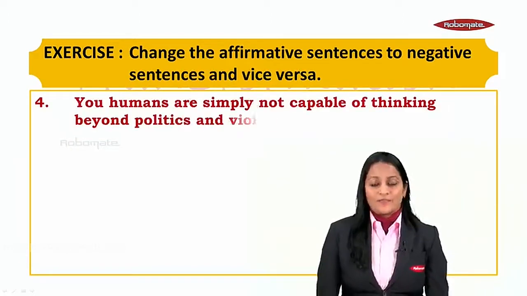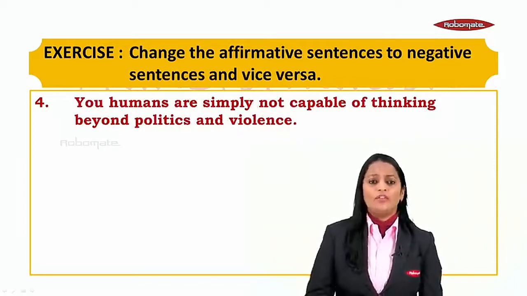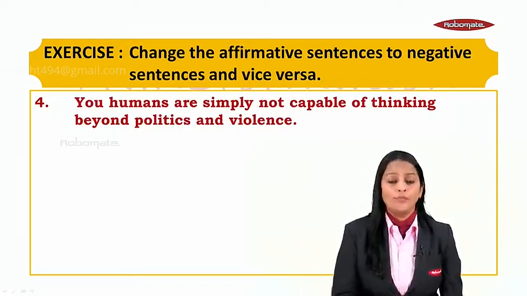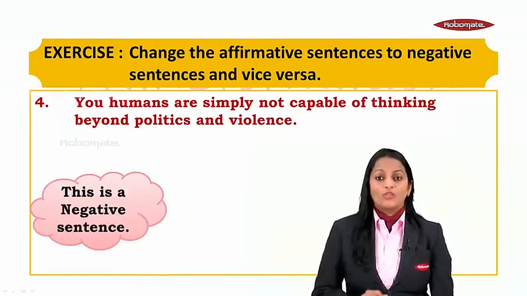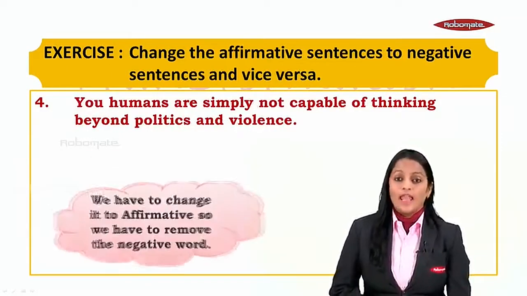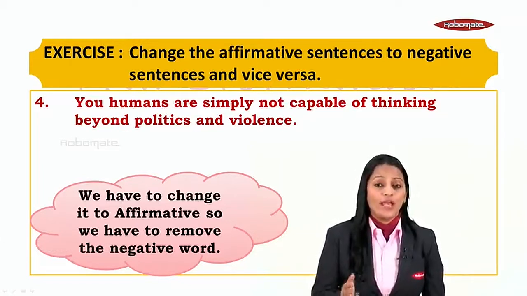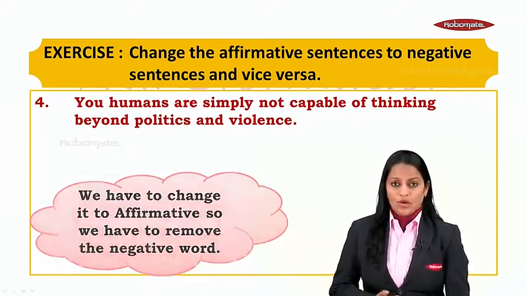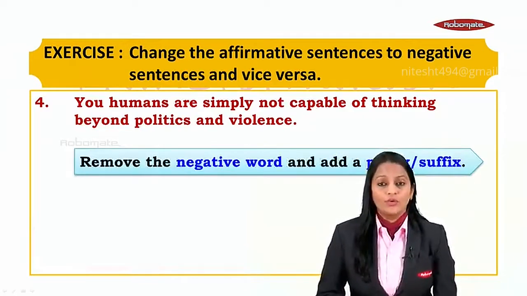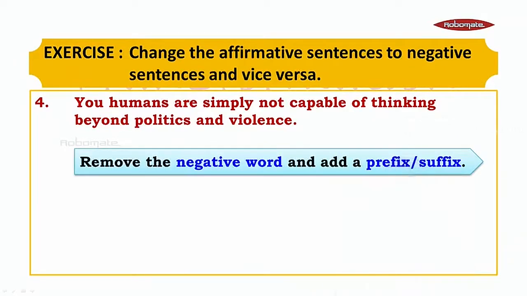Now the next sentence, you humans are simply not capable of thinking beyond politics and violence. Students, this is a negative sentence, and now we have to change it to affirmative, so in order to do that, we have to remove the negative word. Now here students, what do we do? Remove the negative word and add a prefix or a suffix.